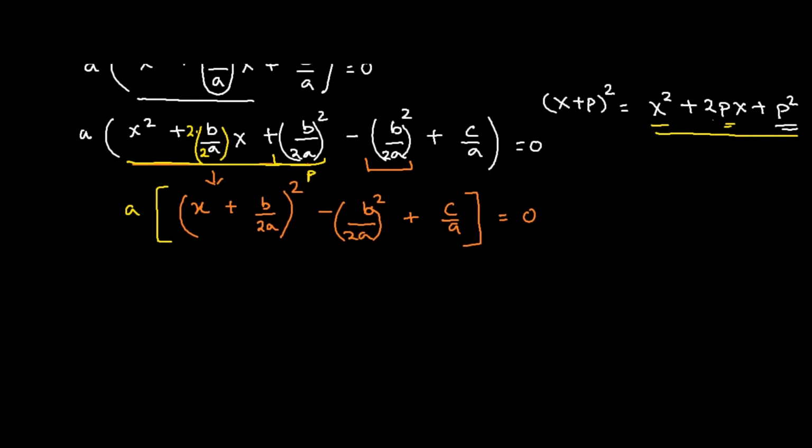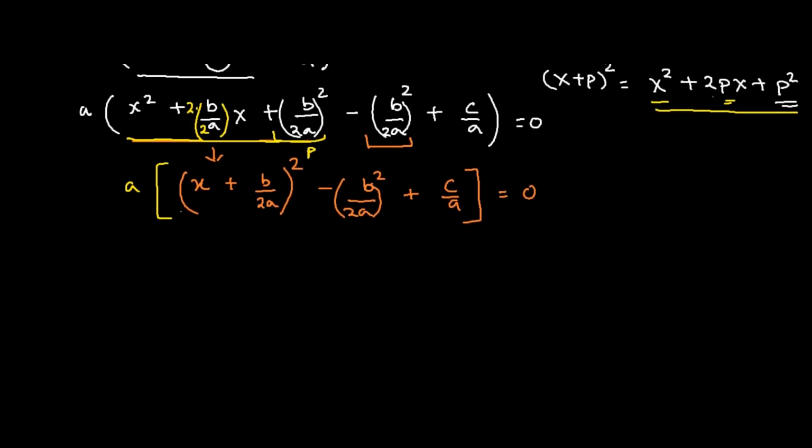Now if we multiply this a to all the three terms, we can reduce this to a times (x plus b over 2a) whole square minus a times b square over 4a square plus a times c over a.